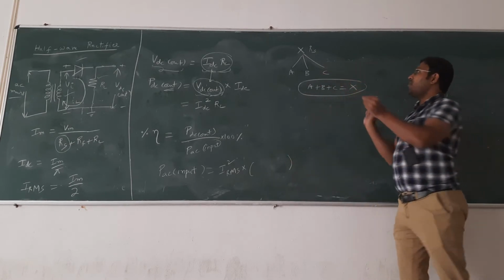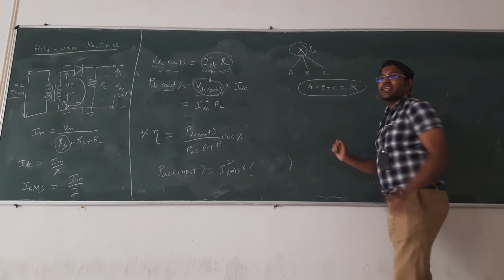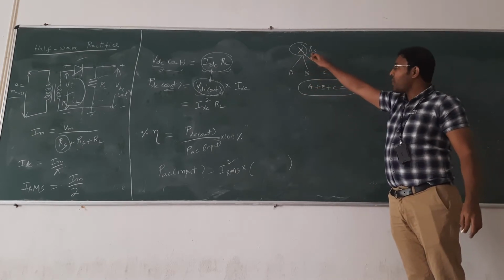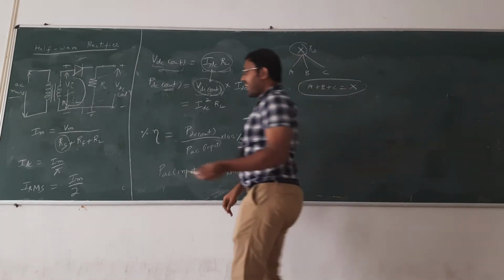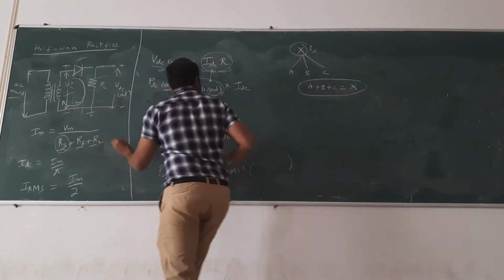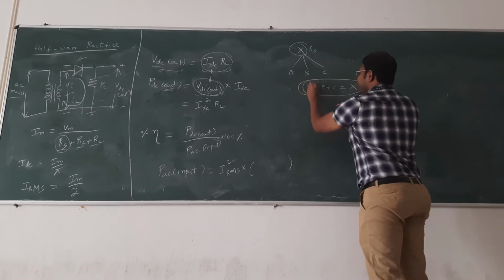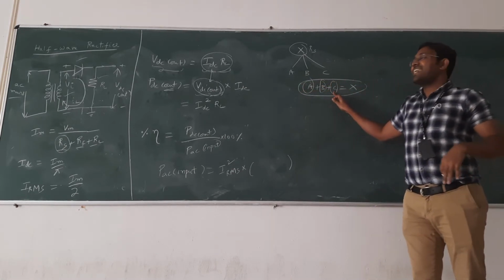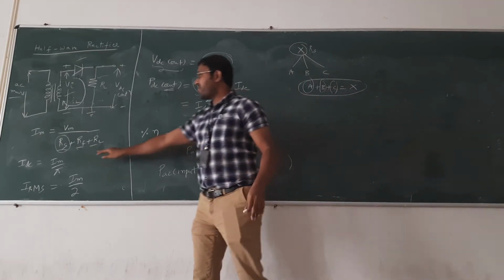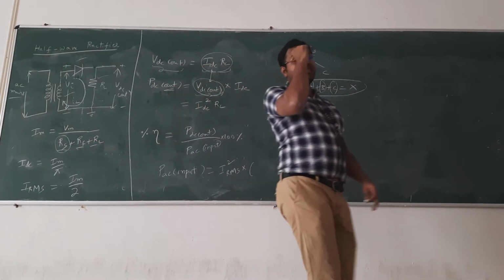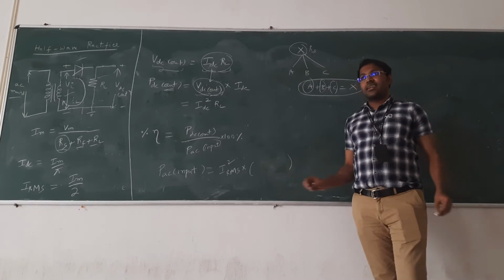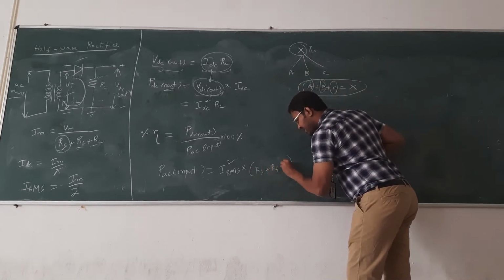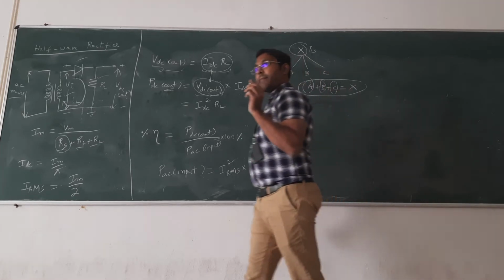Then into what should I multiply, to get the total power supplied? We have already taken it in terms of this and simplified, so it is easier if we again take it in terms of this. So what should I write here? Very good, RS plus RF plus RL.